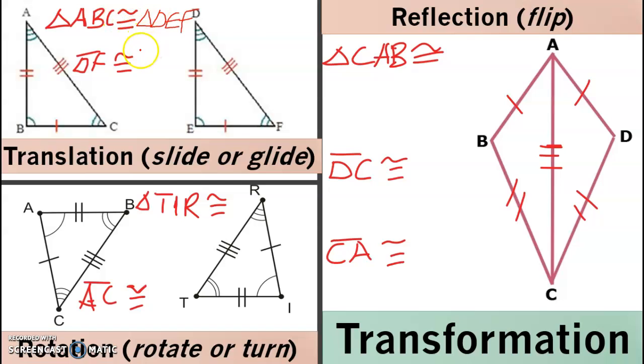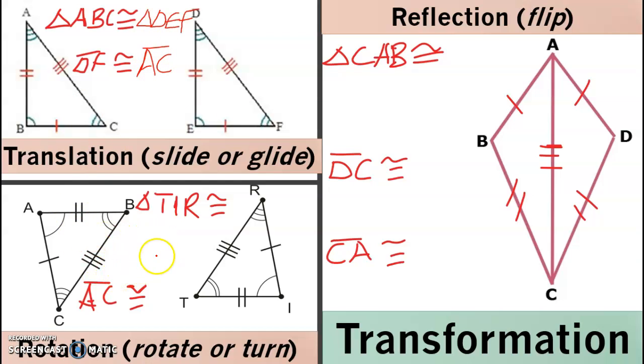You can't switch the points, the angles. Likewise, segment DF has 3 marks, so it's going to match AC. You want to make sure angle D matches with angle A, the way you name it. So DF is going to be segment AC.